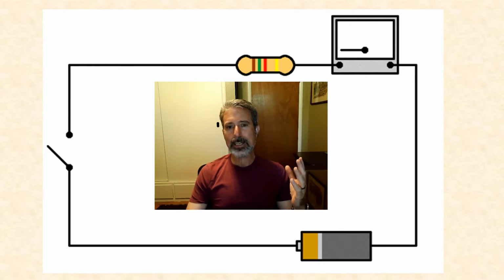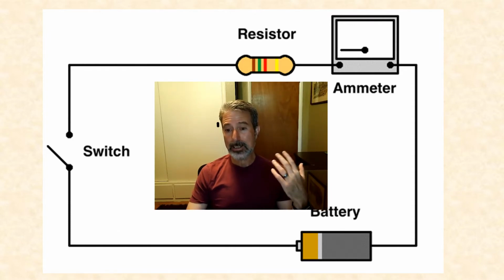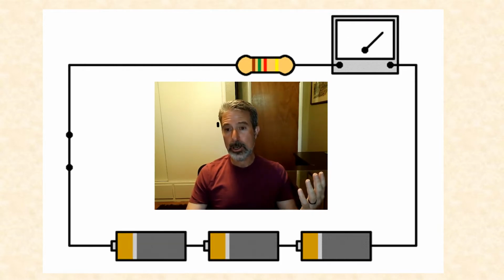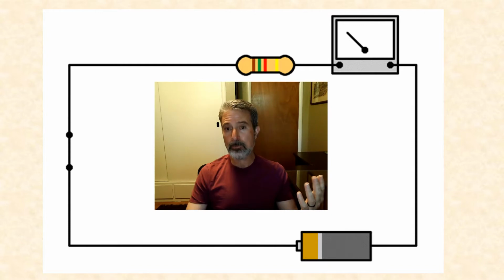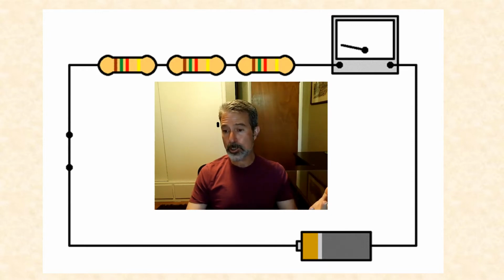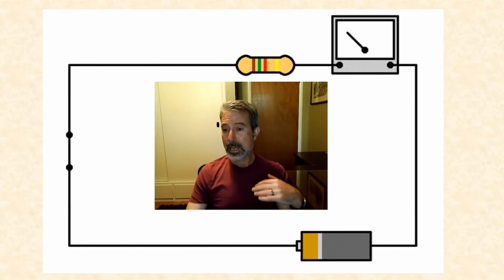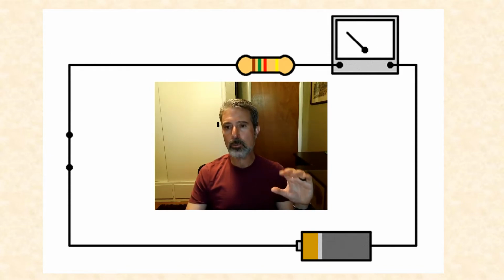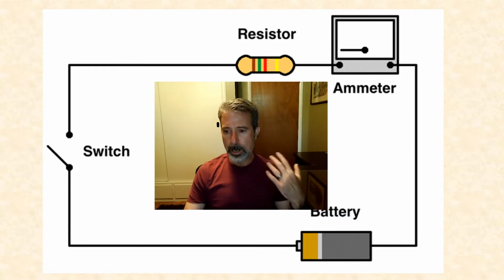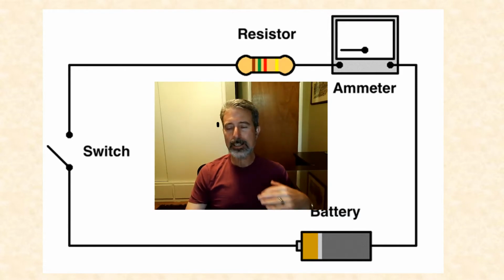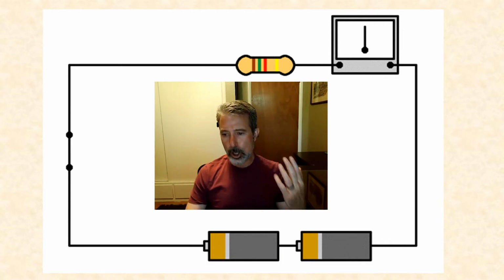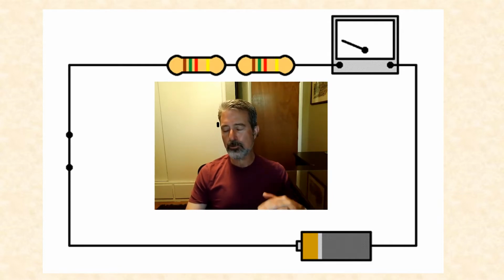Now, the next factor, aside from increasing the number of batteries from 1 to 3, causing an increase in current, is that we can also increase the number of resistors from 1 to 3. And as we said previously, if resistance is a measure of obstruction to charge flow, then we would expect that the greater the circuit resistance, the lower the rate at which charge can flow in the circuit.